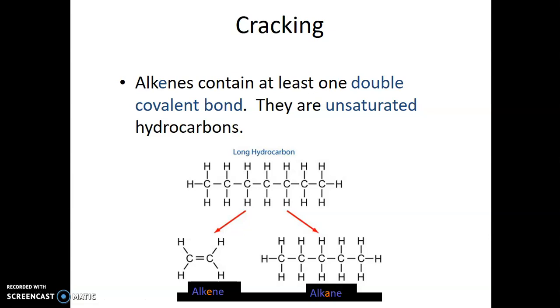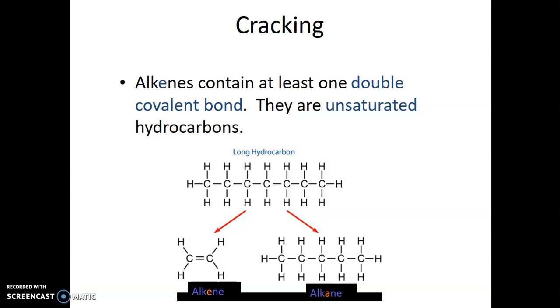So alkenes contain at least one double covalent bond, and because of that we call them unsaturated hydrocarbons. So if there's a double bond, it is an alkene. No double bond, it is an alkane. Now that changes the general formula. Alkanes, remember, have the general formula CnH2n+2.